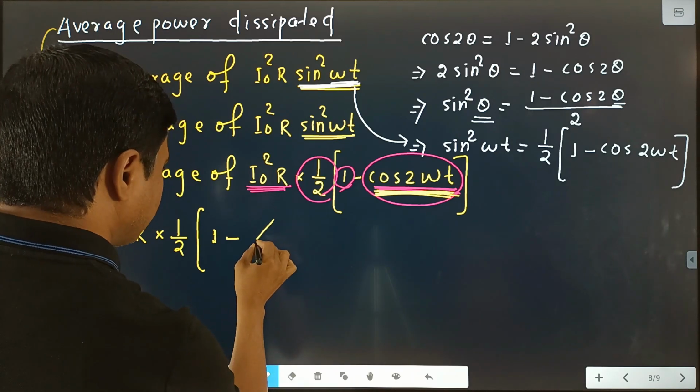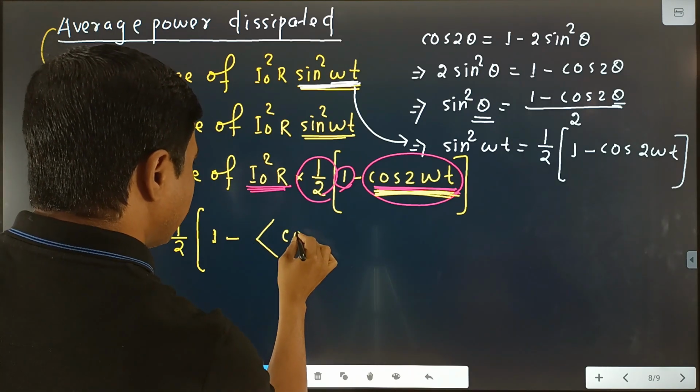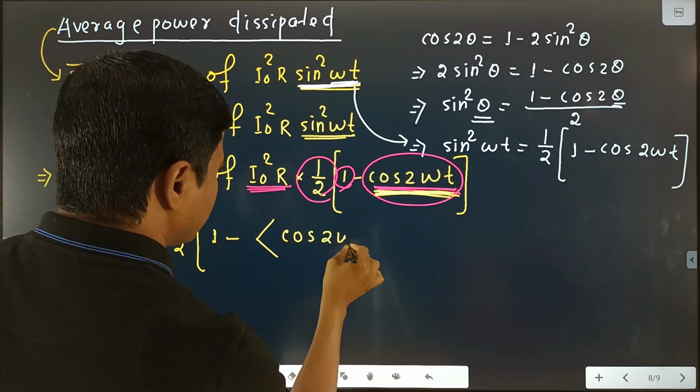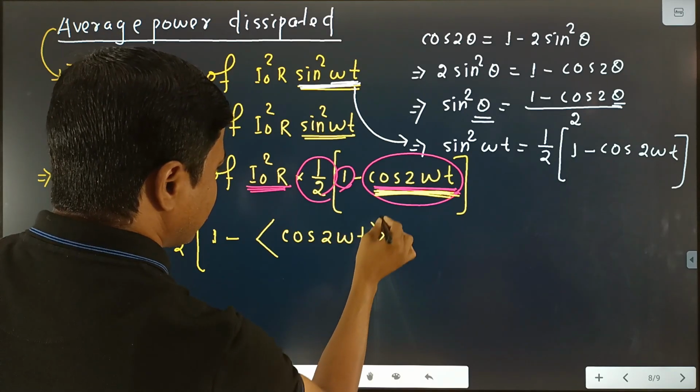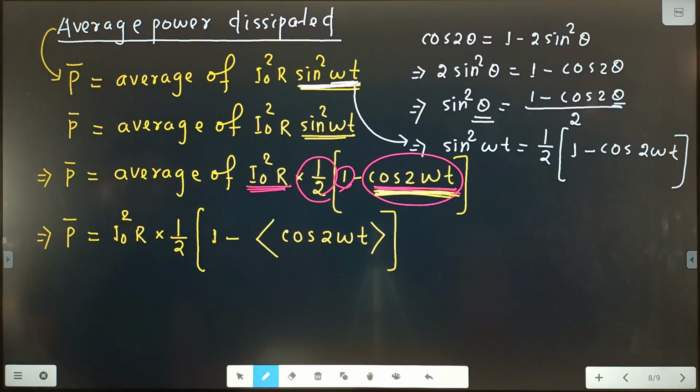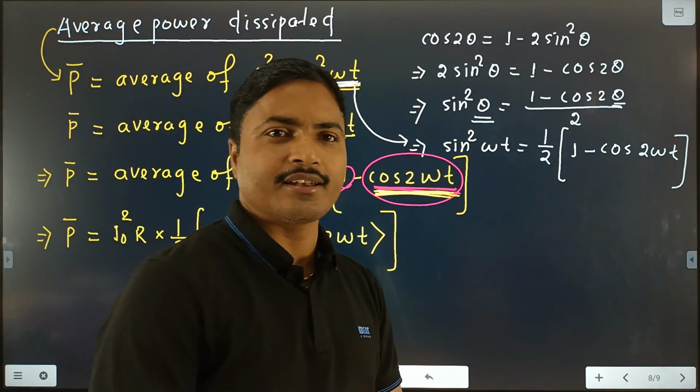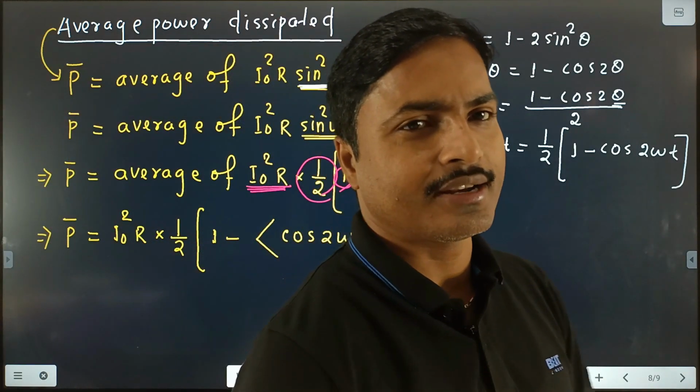This is the symbol, average of cos 2 omega t. Clear? This is the formula. And what is the average of cos 2 omega t?